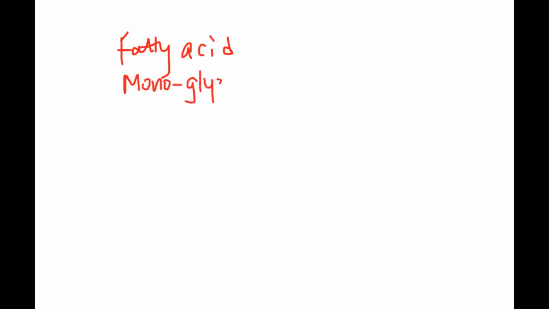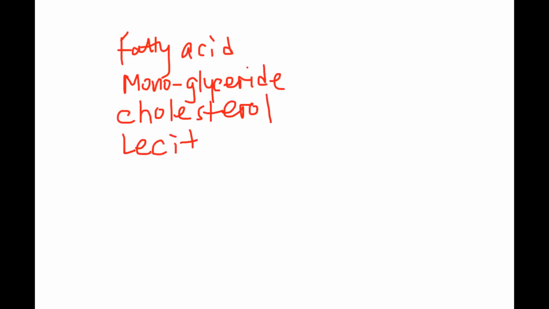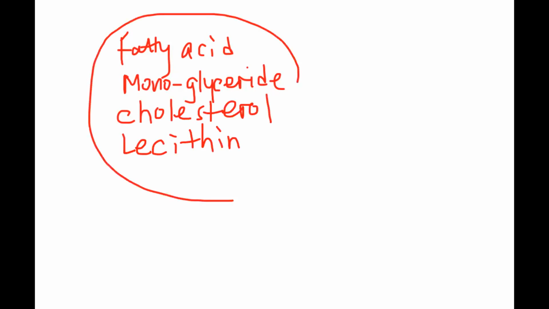So in terms of the fat chemical digestion, you break down triglyceride into fatty acid and maybe some monoglyceride, and also there's some cholesterol and some of the phospholipids, lecithin, and then you have all this included in the center and surrounded by bile.